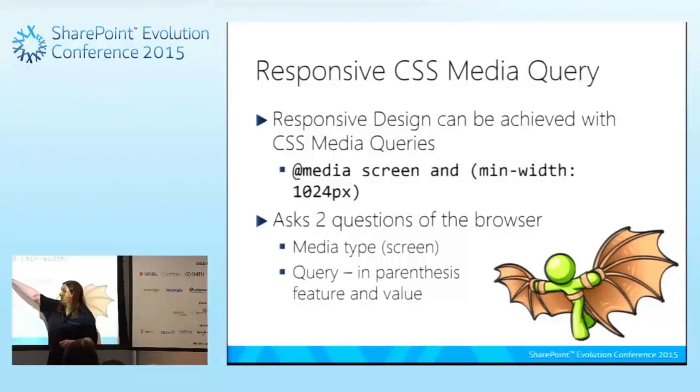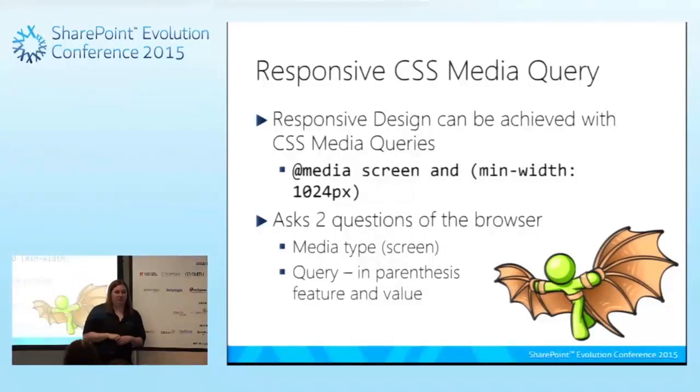So basically, we're defining our media type. Here is the screen, being that we're putting it on the web. This is the same thing we used to do if we had to write print-specific CSS back in the olden years, right? So media is the screen, and then we're defining a query, right? So for here, our minimum width is 1024 pixels.